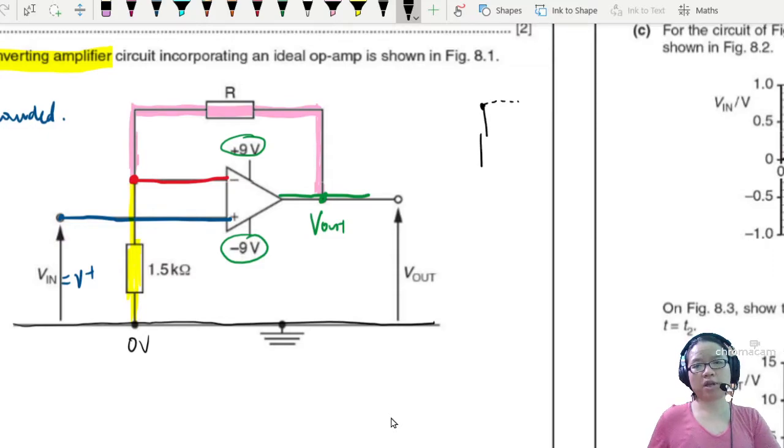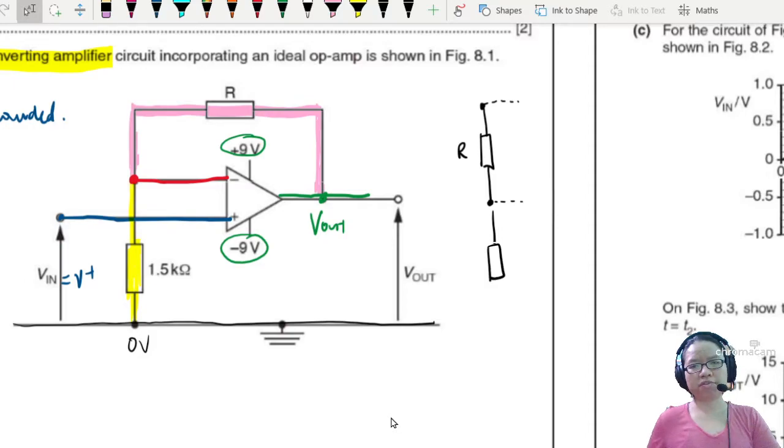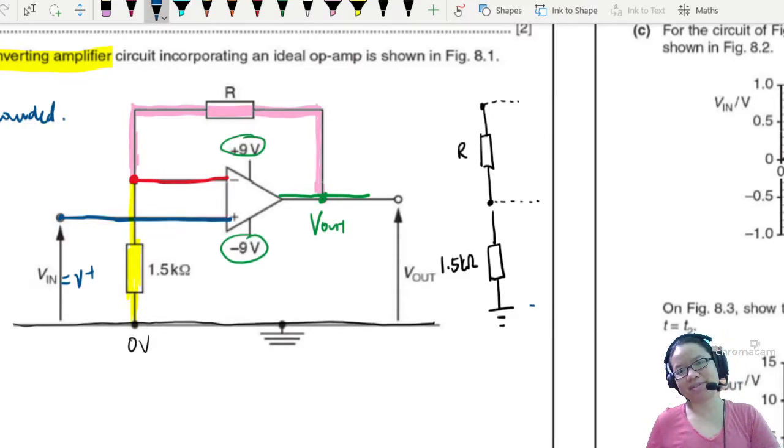Okay, so we'll straighten this wire. Here, you will have your resistor R, which we are trying to find. And somewhere underneath here would be the 1.5 kilo ohm. This part is grounded. All right, so this one is 0 volt. Okay. So if this is 0 volt, then this one is also VOUT.